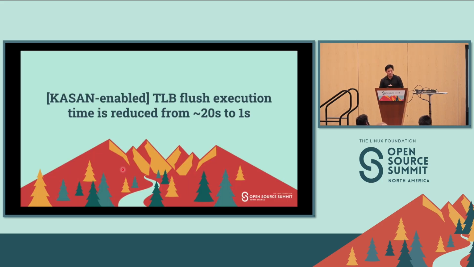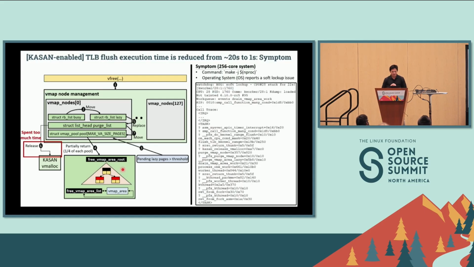And the second one is the slow TLB flush with the KASAN-enabled kernel. Again, this example shows a soft lockup when we run the make command to compile the kernel source on a 255-core system.